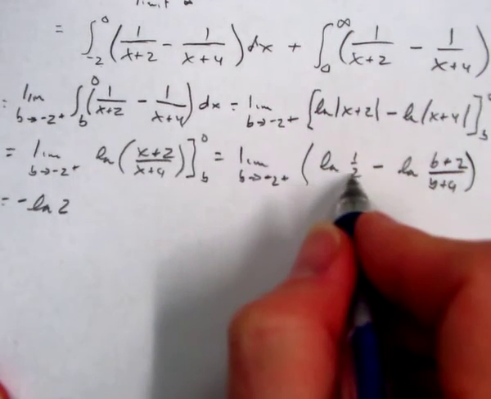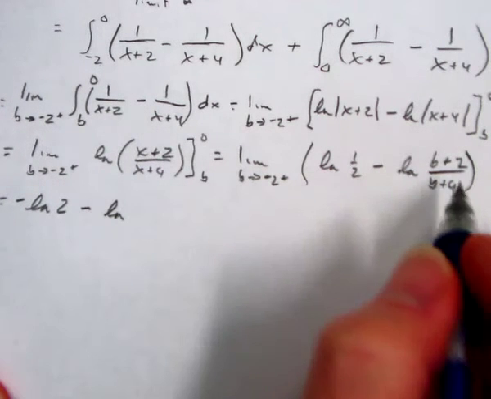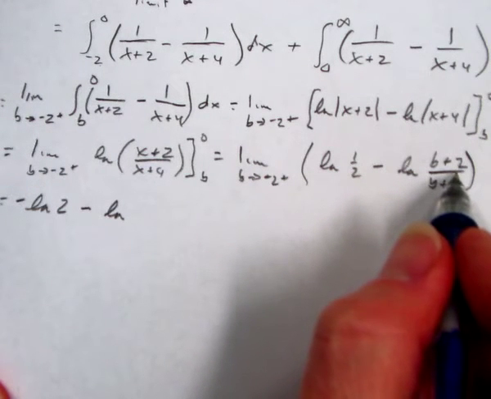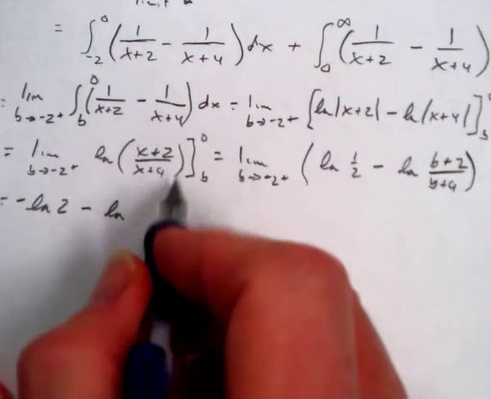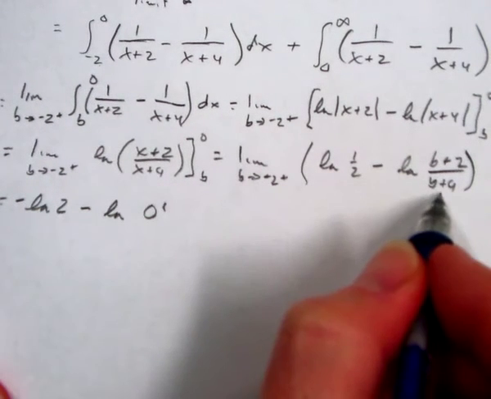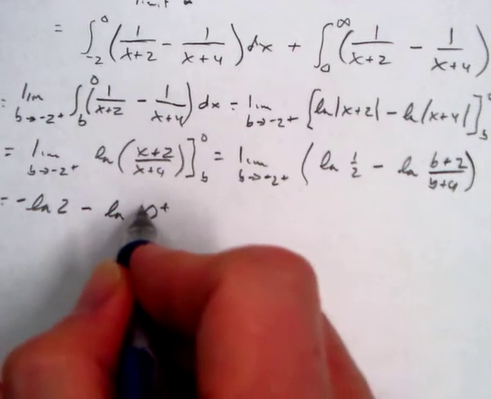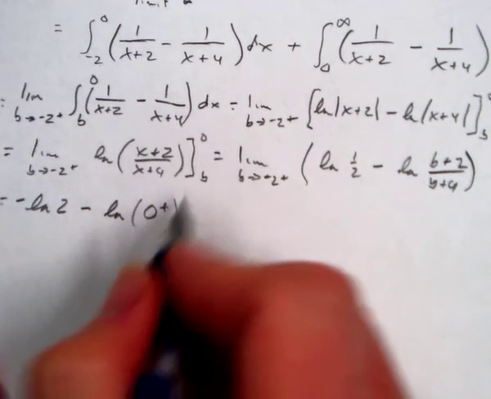Same thing as ln 2 to the negative 1, bring down the negative, minus the ln. So the top is going to be going to 0, but it's going to be going to 0 from the positive side, and the bottom is going to a constant of 2, so that won't affect it. Still going to be 0.